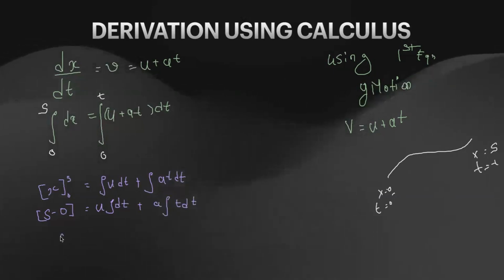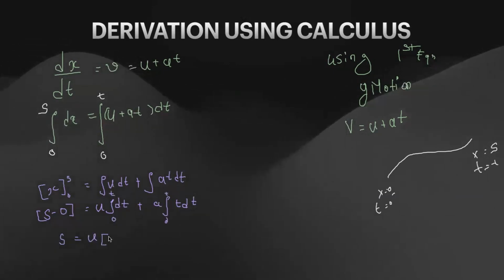So s is equal to u, integral dt is nothing but t, from 0 to t, plus a.